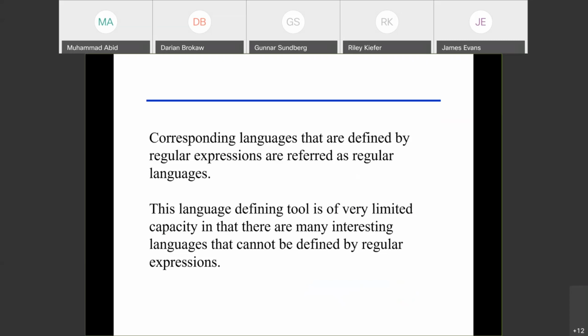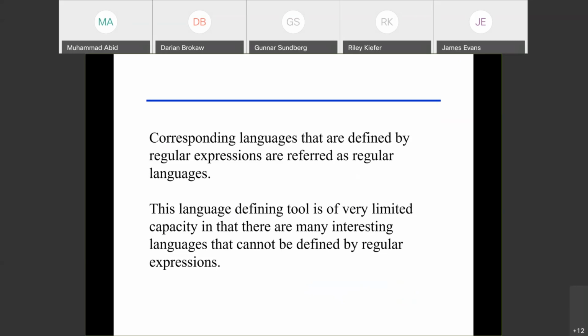If I ask you to write a regular expression for non-regular languages, that is not possible. It is not possible for context-free languages. It is not possible for context-sensitive languages.